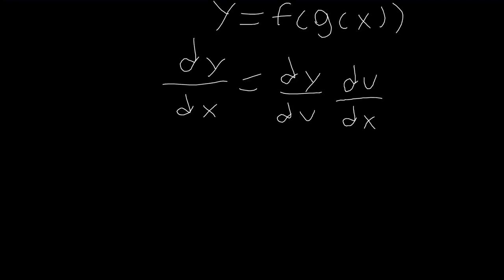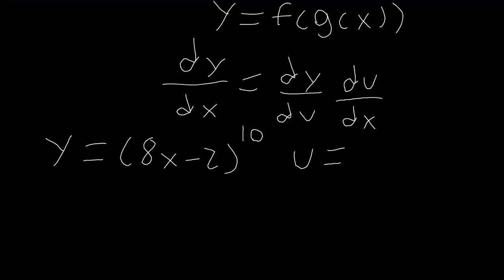So here's a quick example to illustrate what this means. If you have a function like y equals (8x minus 2) to the 10th power, u is the inner function, so we can say u equals 8x minus 2, because 8x minus 2 is the inner function. So now we can write this equivalently as y equals u to the power of 10 by substituting that for u. So this is y equals f of u.